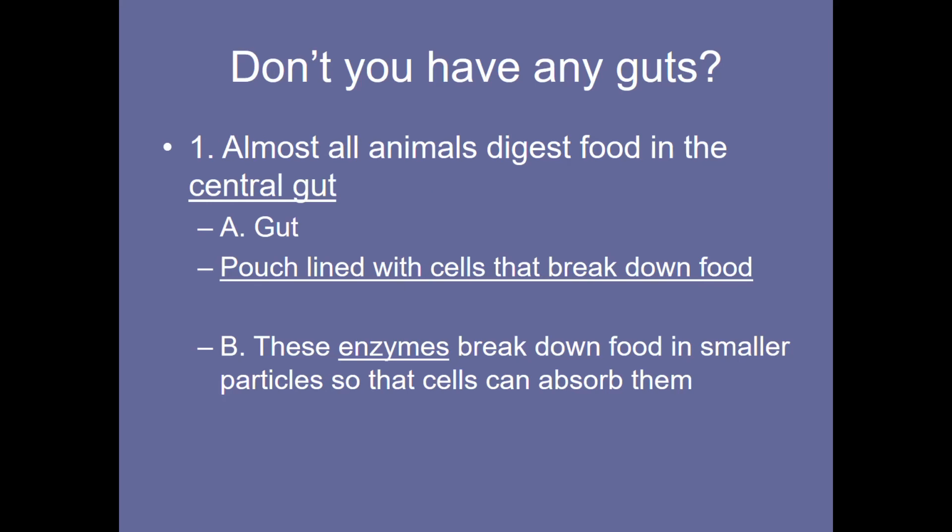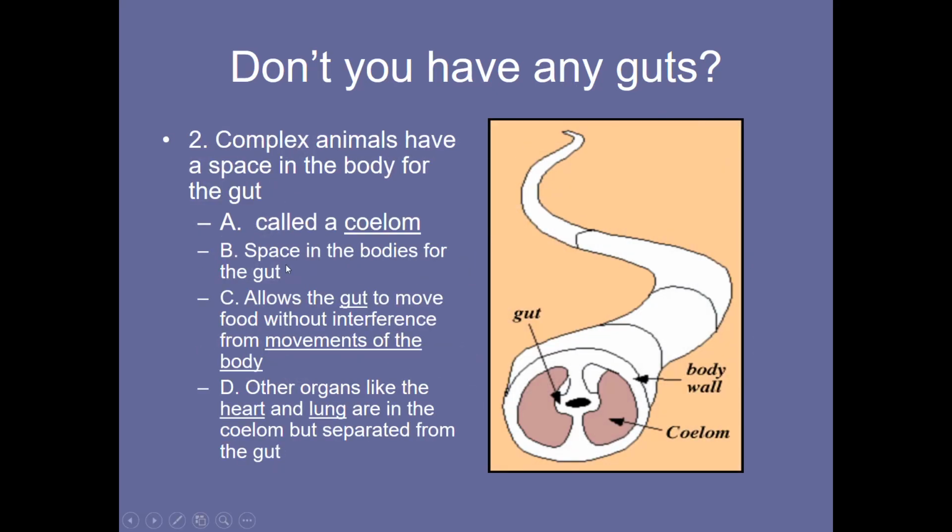Almost all animals digest food in a central gut. It's a pouch lined with cells that breaks down food, like your stomach. Enzymes break down food into smaller particles so that cells can absorb them. Complex animals have a space in the body for the gut.